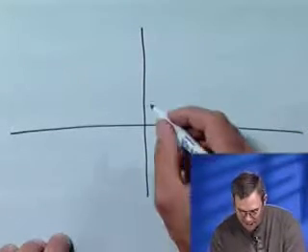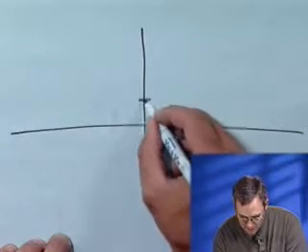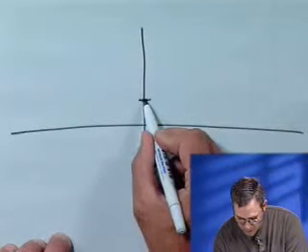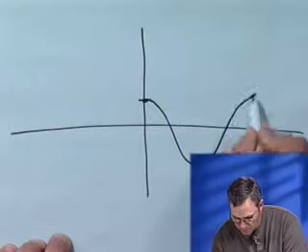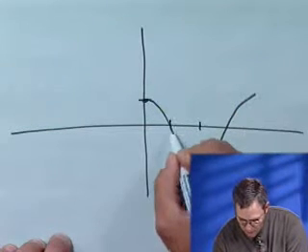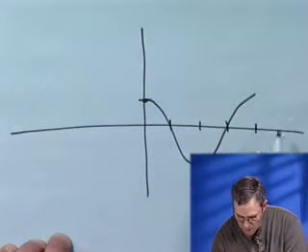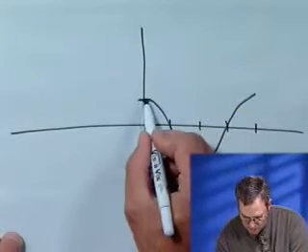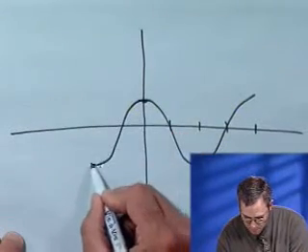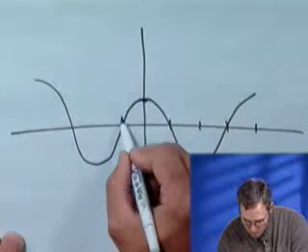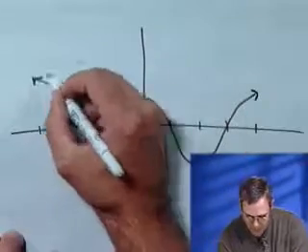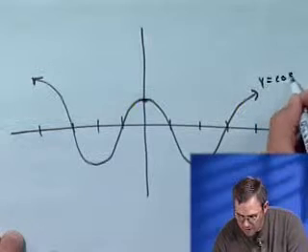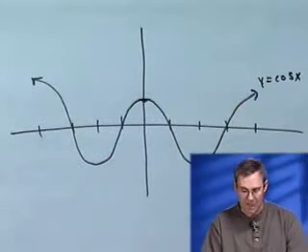Remember, y equals cosine x looks something like this. That's 1. It comes down. Okay? And it looks the same over here. Okay. There is y equals cosine x. You have to be able to do that off the top of your head.